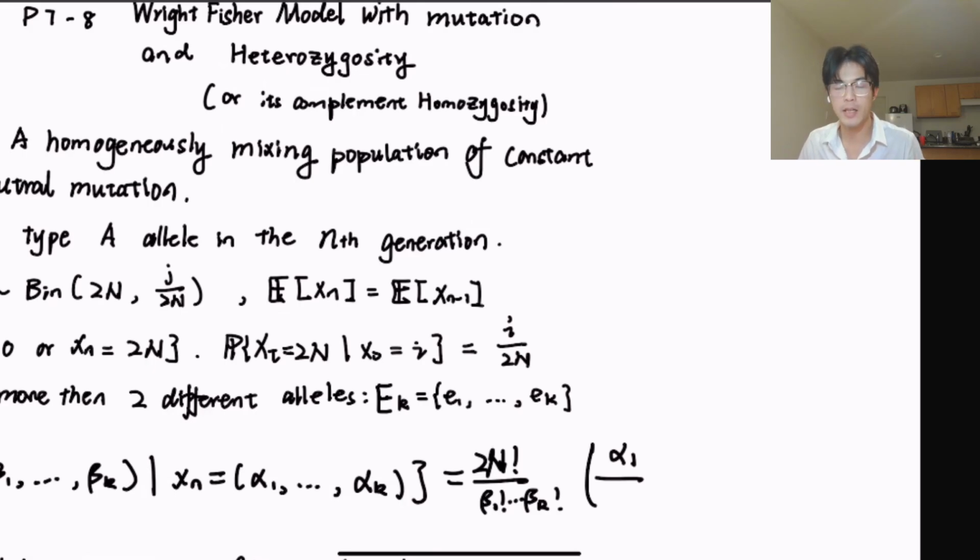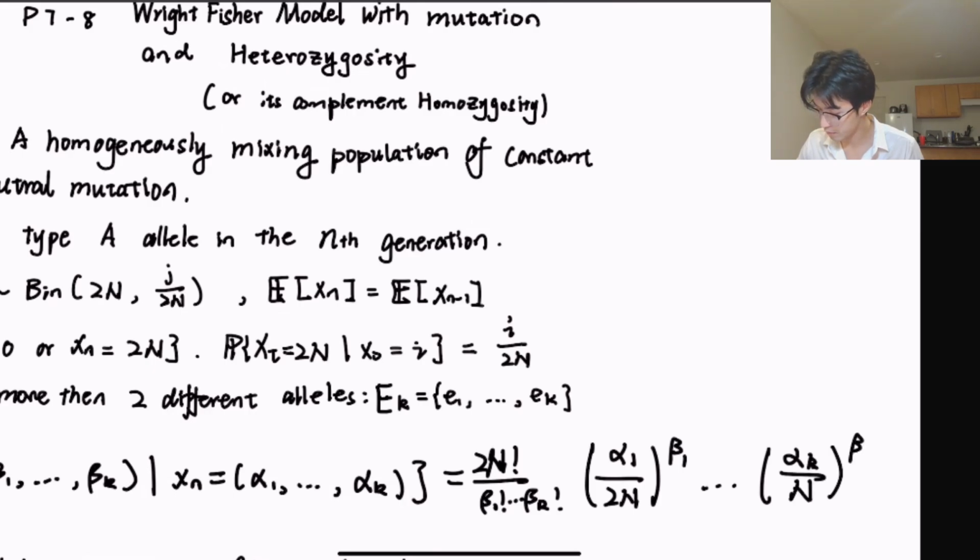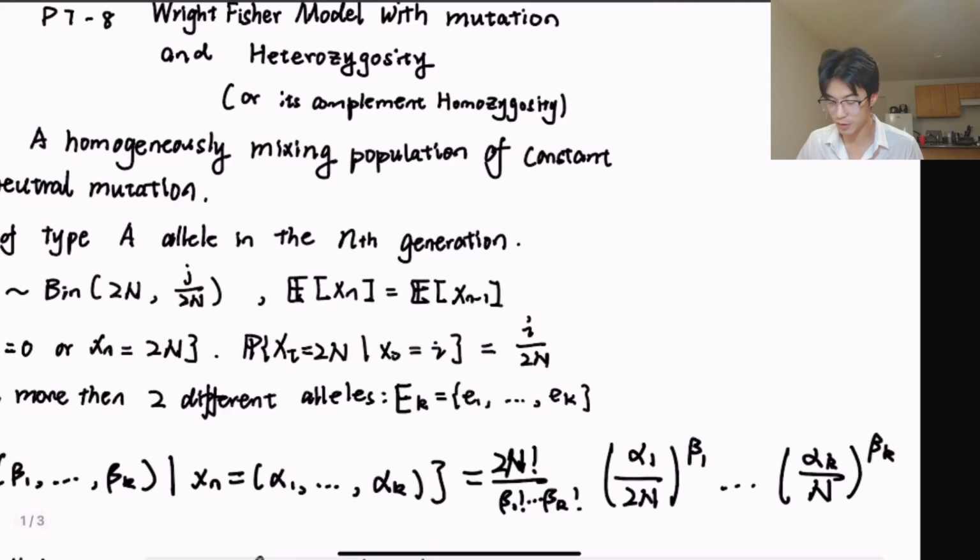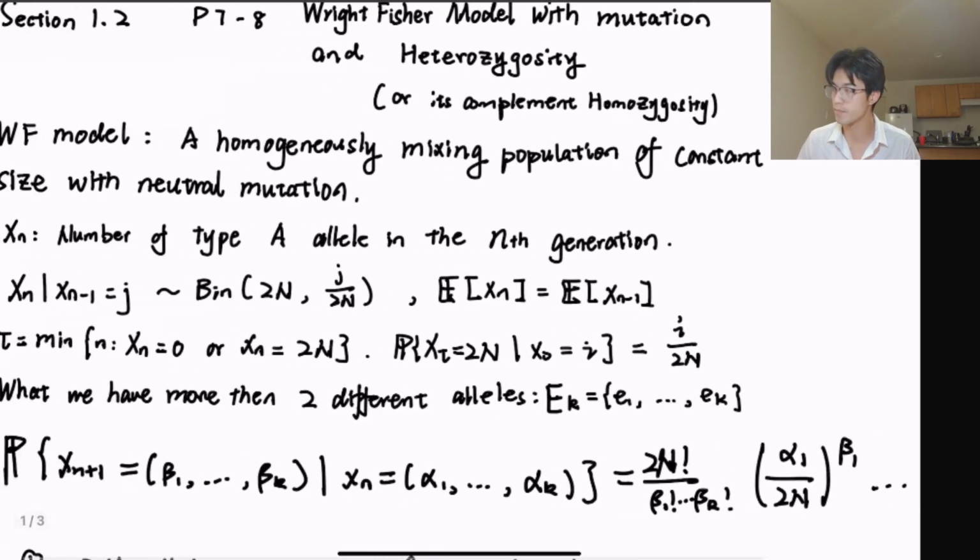For simplicity, we only think about the 2N alleles. But when we refer to N individuals, you should be able to understand what it means: N individuals and 2N alleles are the same thing. Okay, beta_k here is just simply a binomial distribution.